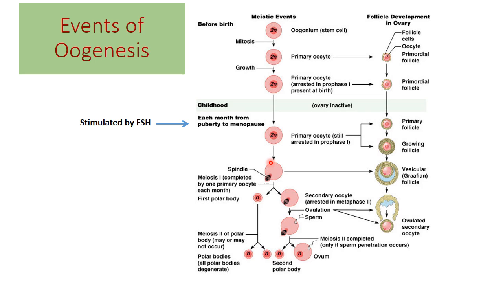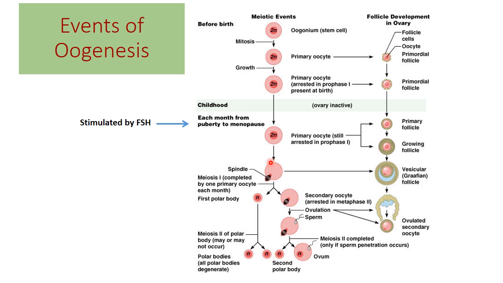So these stem cells will then enter into meiosis 1 and will stall in prophase 1 of meiosis 1 and will stay at that stage until puberty.